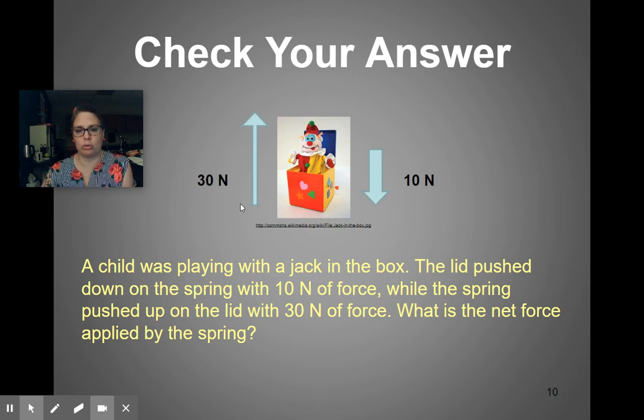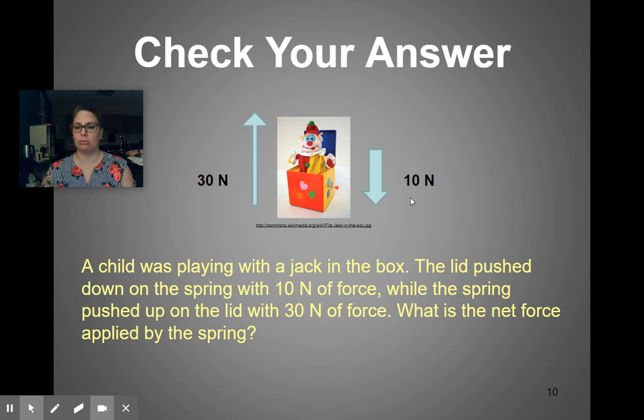So we have 30 newtons pushing upwards. 30 is a higher number than 10, so there's more magnitude going up, and there's less magnitude coming down. So what we saw in the slide before, if the forces are in opposite directions, so here it's one up, one down, we're going to subtract to get our net force.